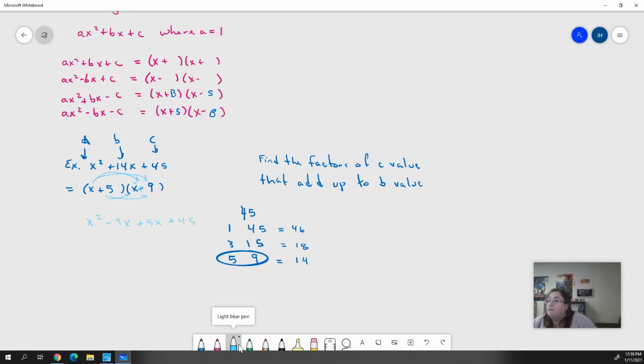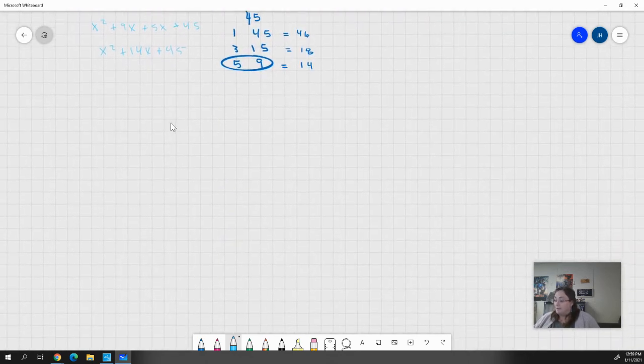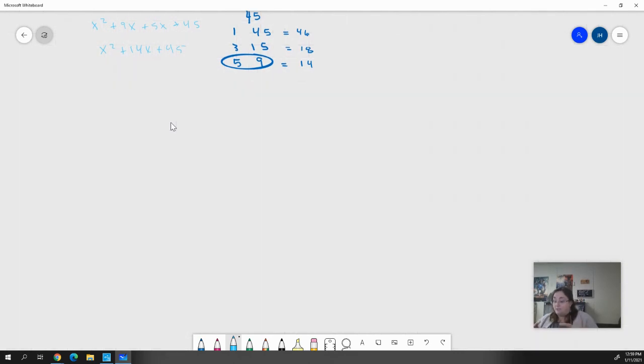When I combine my like terms, I wind up with x squared plus 14x plus 45, the same expression we started with. So you can always go back and check: if you do that distribution and multiply them together, you should get the same response back.